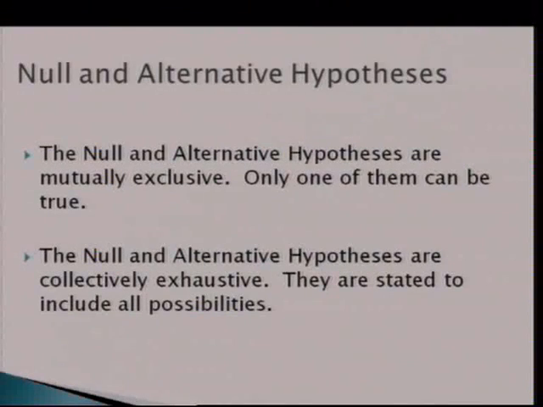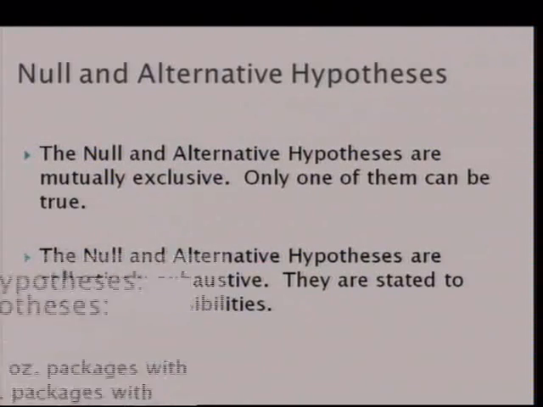Now if we go to the distinction between these two, the null and alternative hypotheses are mutually exclusive. Only one of them can be true, and they are both collectively exhaustive. They are stated to include all possibilities of our assumption.